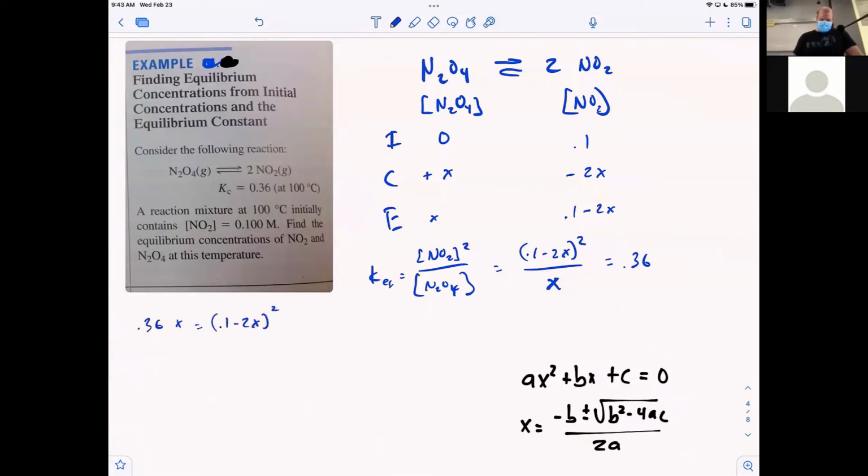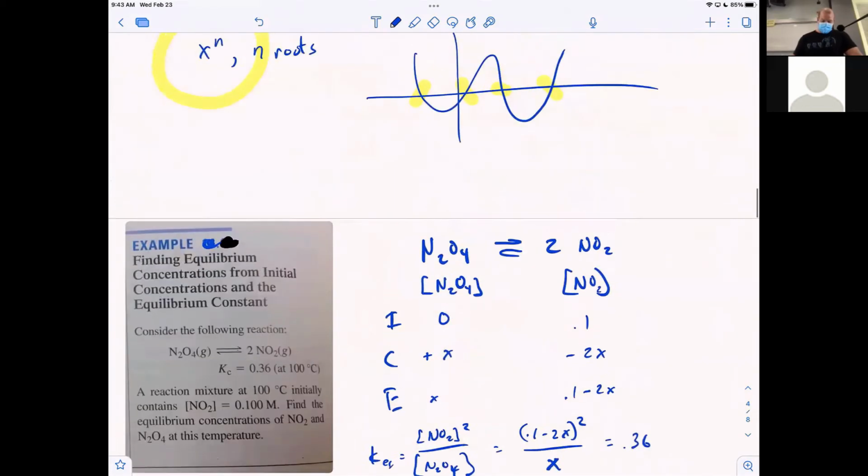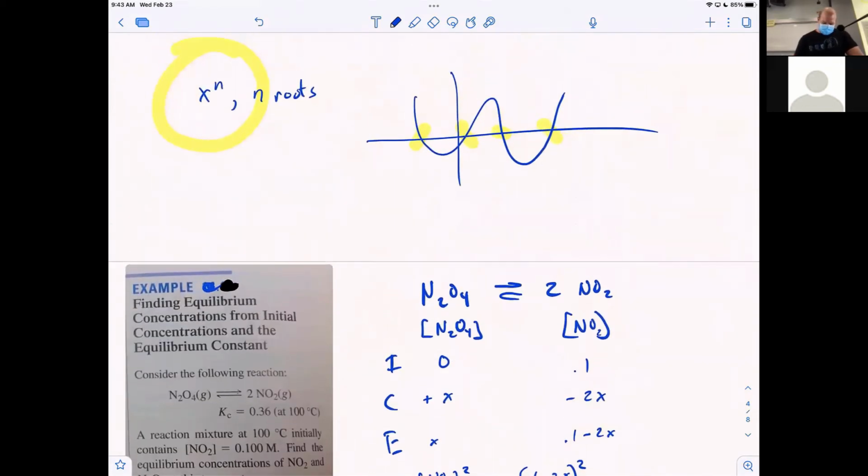You ever heard of Pascal's triangle before? I'm sorry, I keep giving you all these math things to remember. Pascal's triangle is this: 1, 1, 1, 2, 1, 1, 3, 3, 1, 1, 4, 6, 4, 1.